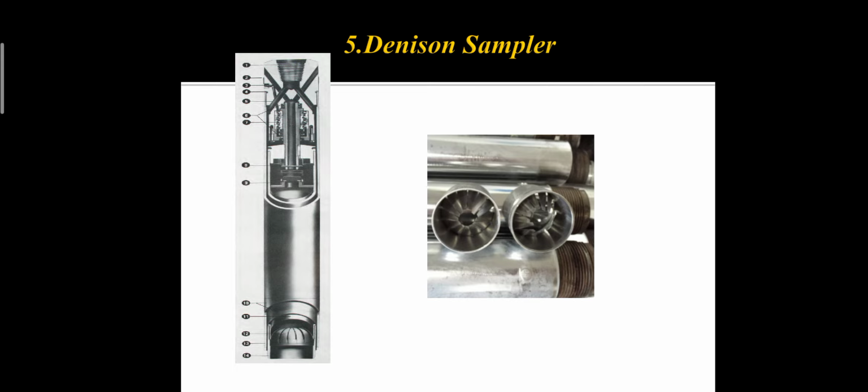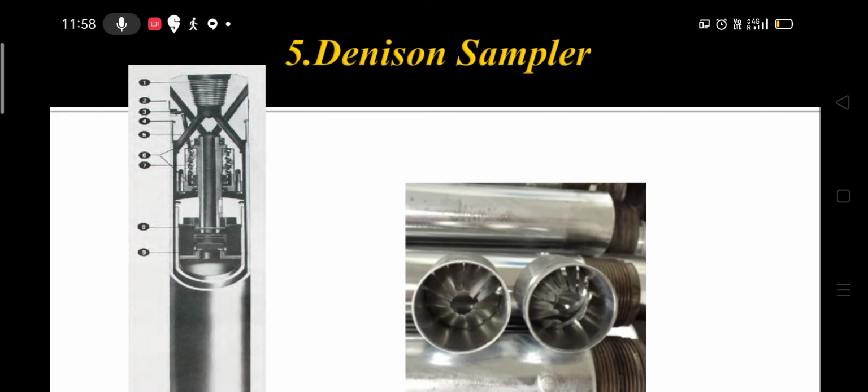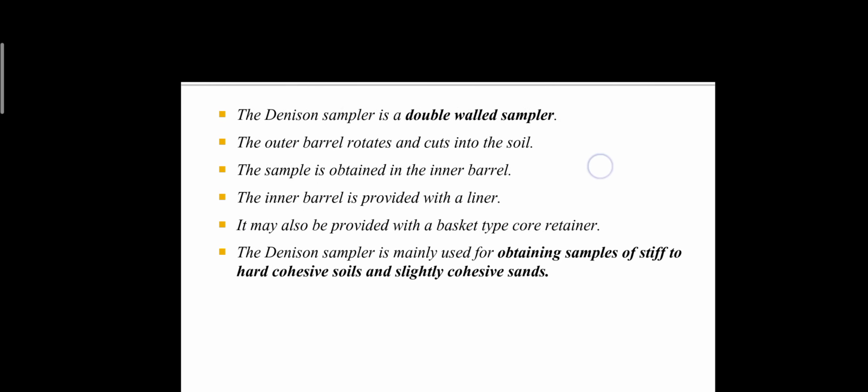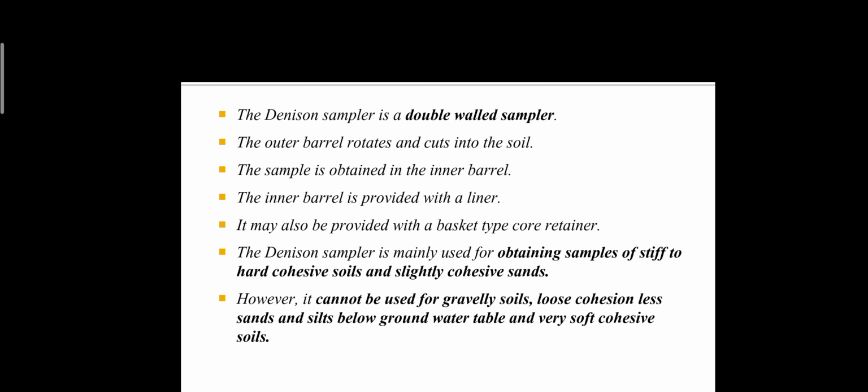You can see in this picture, on the right side, it has spring core catchers. Similar to that, here they have core catchers for collecting rock samples. We can collect very hard soils, but we cannot use it for gravelly soils, but we can collect rocks in the Denison sampler.